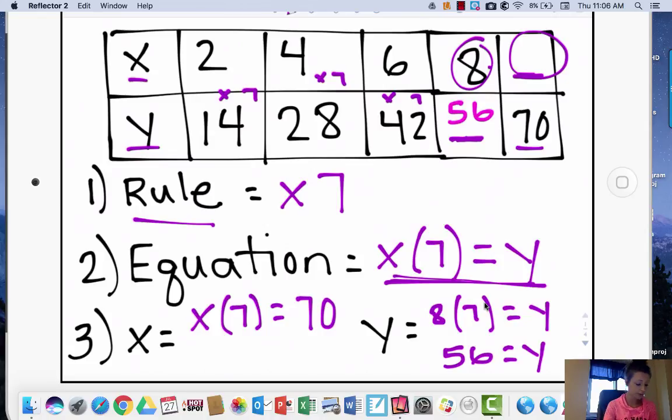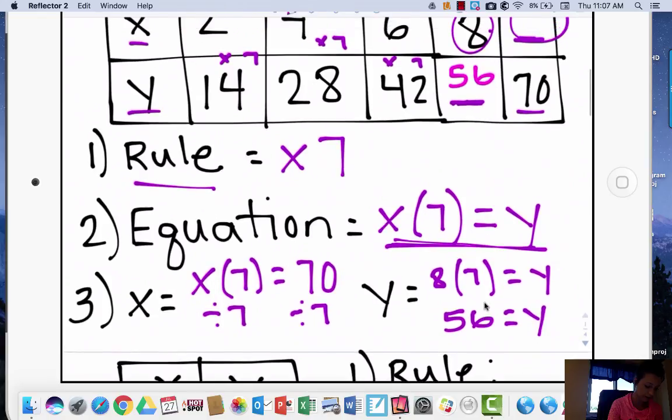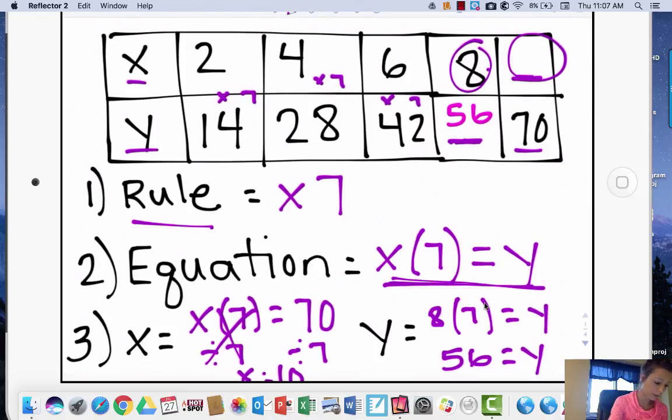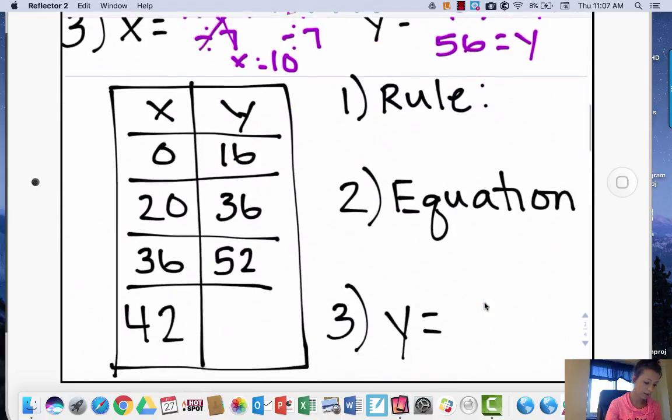Using my inverse operation, I know that I'm going to divide by 7 on each side to get the x by itself. 7 divided by 7, those are going to cancel. All I'm left with is x. 70 divided by 7 equals 10. So x, up at the top up here, equals 10. And I can check that by coming back to my rule and saying, is 10 times 7 equal to 70? It is.